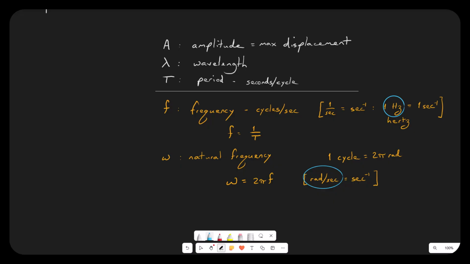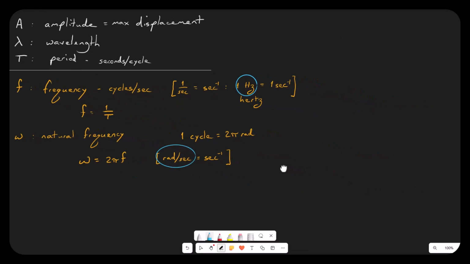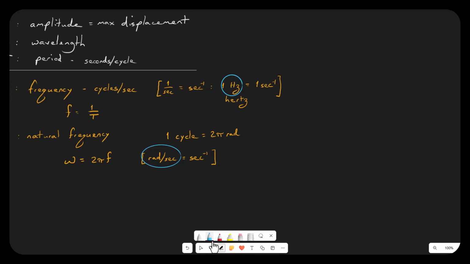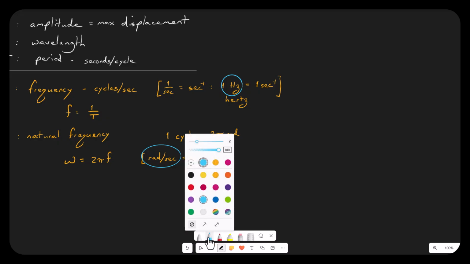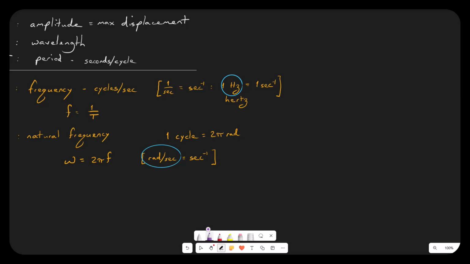Hopefully not at all. I'm going to add a side note, and this is something that might be good to have seen, but it's not something that really comes up. Just at some point or other, it might be worth seeing. In the same way that we have these operations that we do with frequency and natural frequency, which are operations of the period, we can do the same with the wavelength.